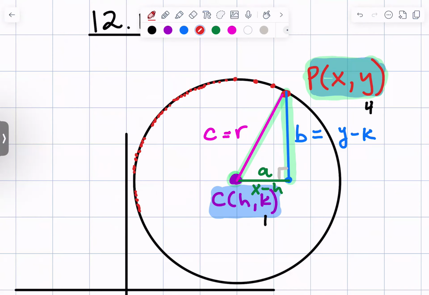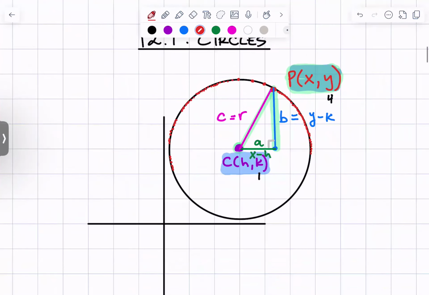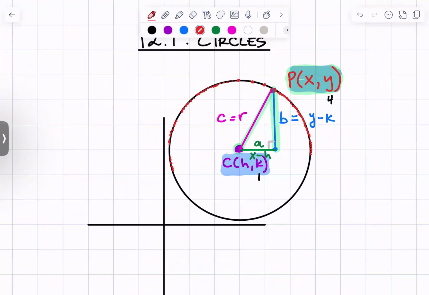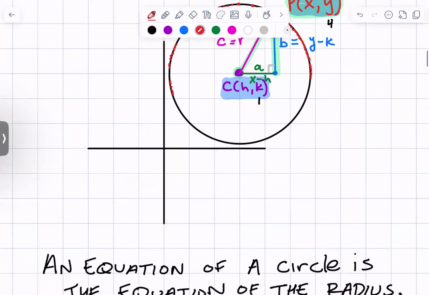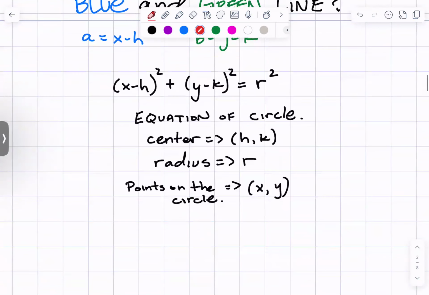That's what actually creates that circle. Because there's infinitely many of these points, they're so close together that they create this circle. Okay? So X's and Y's, we just label them as X and Y. All right? So we know our center, we know our radius, and that's the equation of the circle.